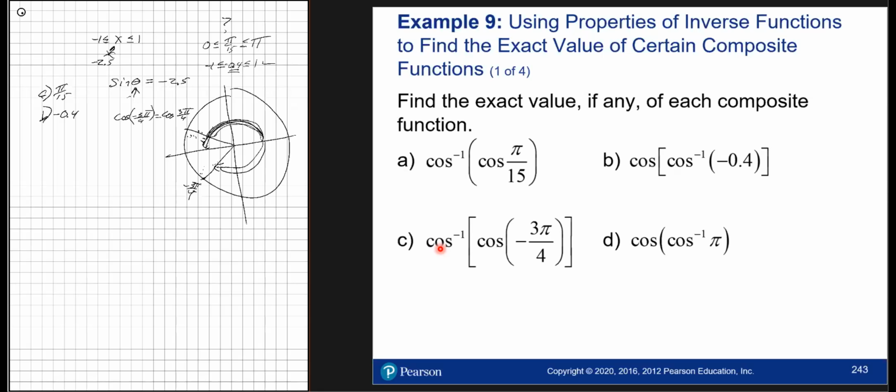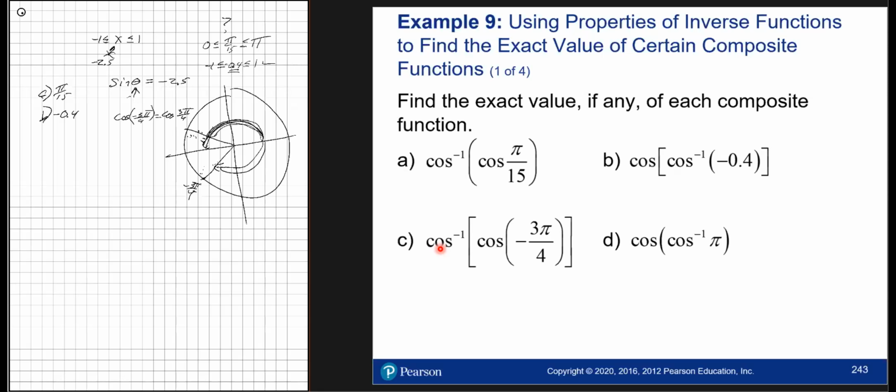Right? If you remember correctly, secant goes like that and like this and like this, where this is positive 1 and this is negative 1.